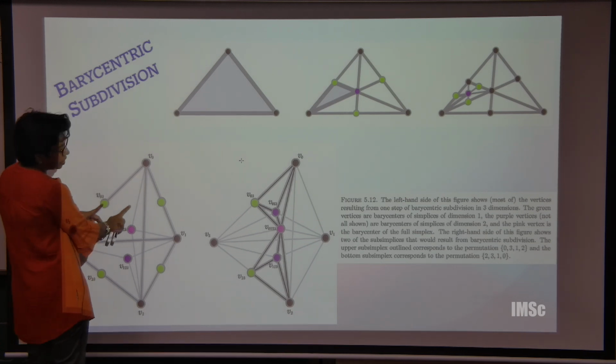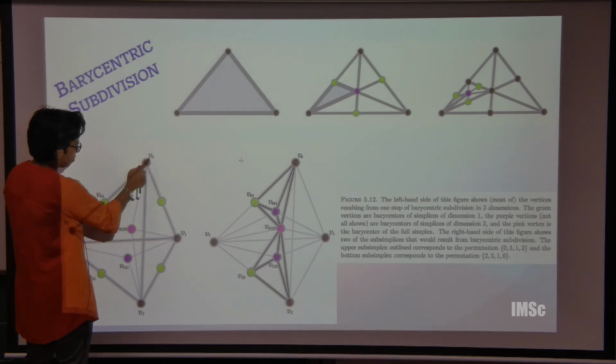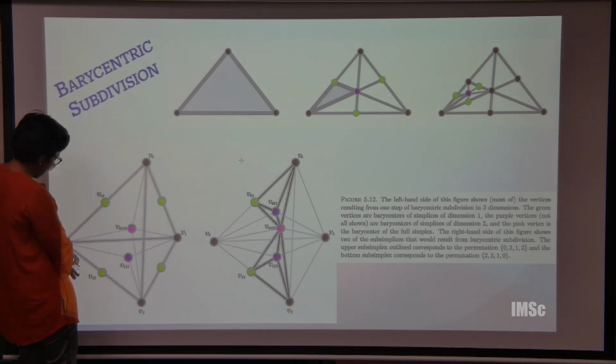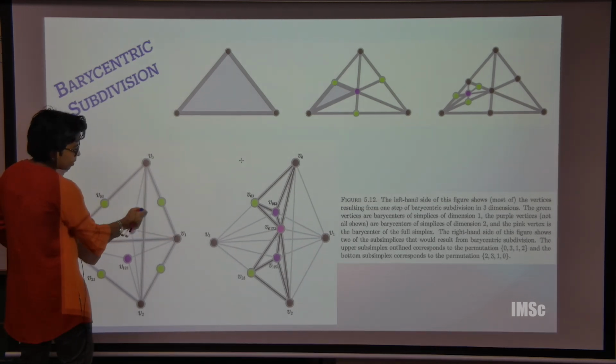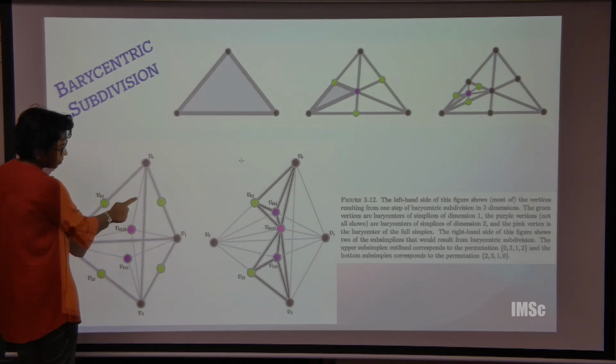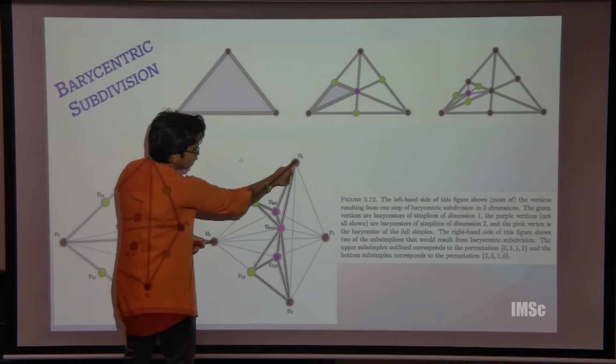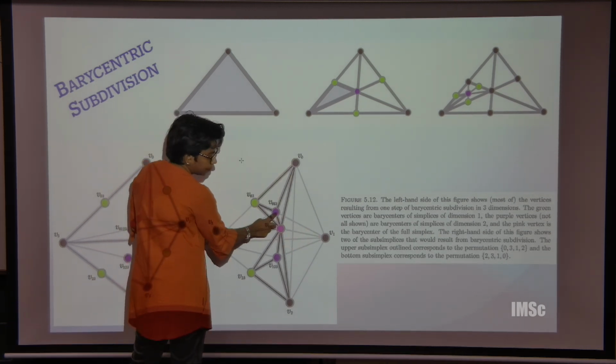There is a 0, 1, 3 vertex missing, which would be the barycenter of these 3 things. Basically it would be the barycenter of this and this purple vertex, which is missing in this picture. This is the barycenter of this black vertex, this one, and this one.